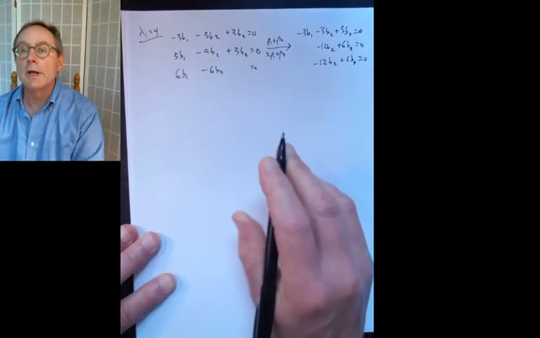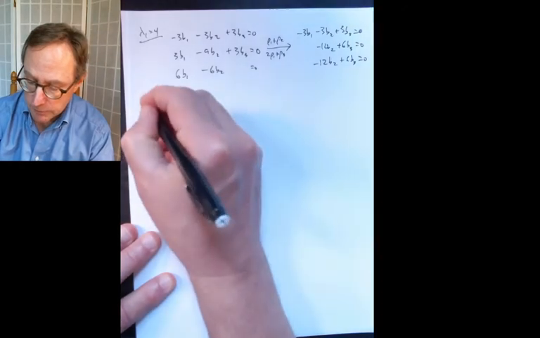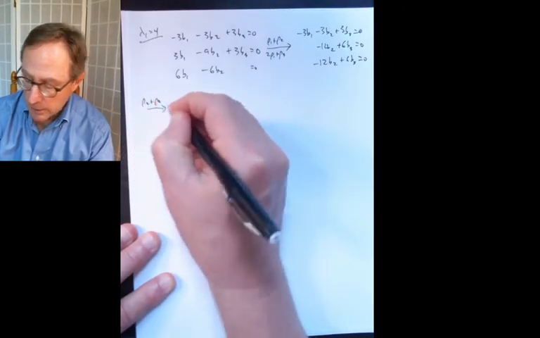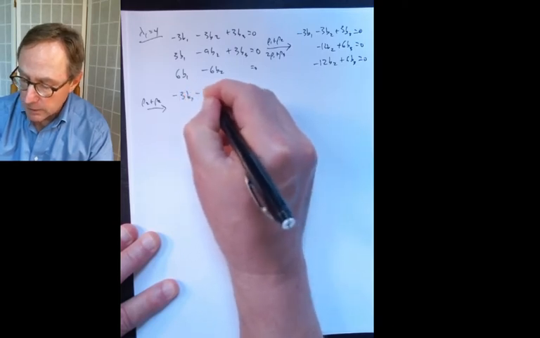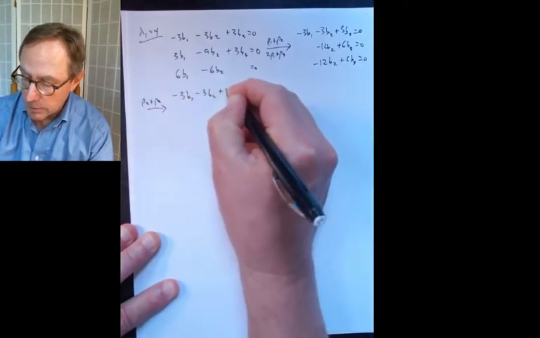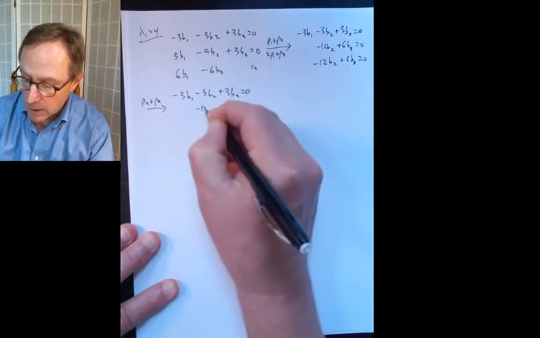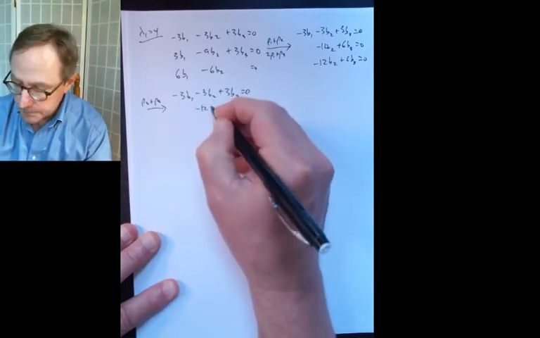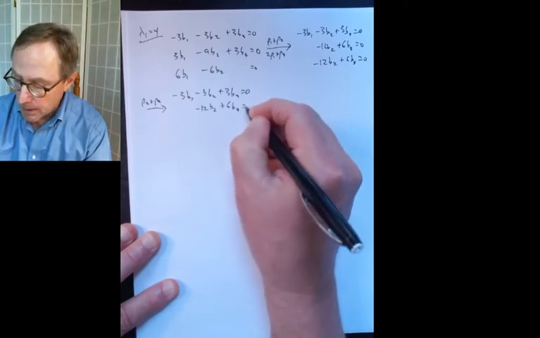So it's straightforward Gauss's method. Obviously, I'm going to do minus row 2 plus row 3, and that'll finish me off. So minus 3b1 minus 3b2 plus 3b3 equals 0, minus 12b2 plus 6b3 equals 0.